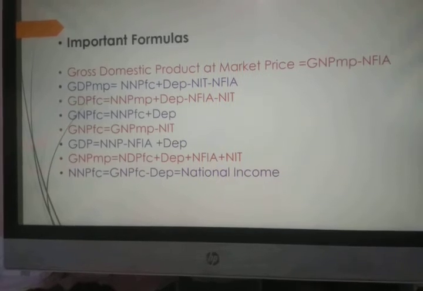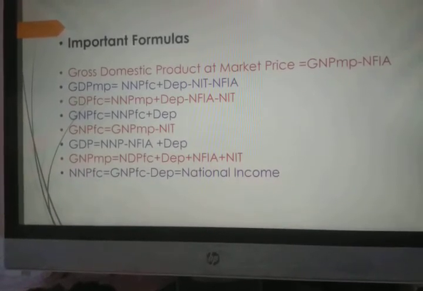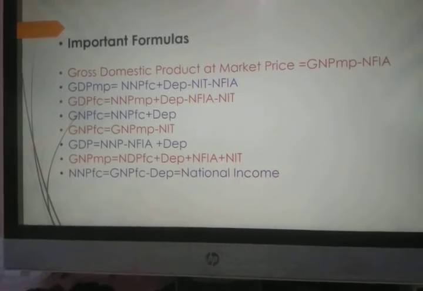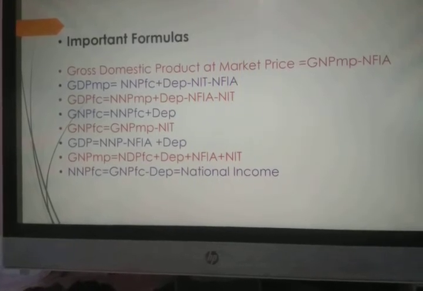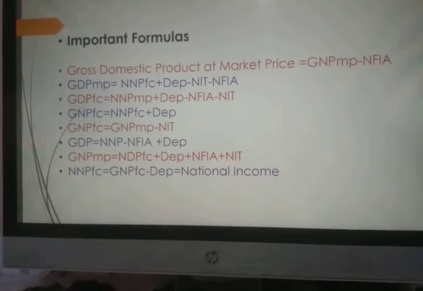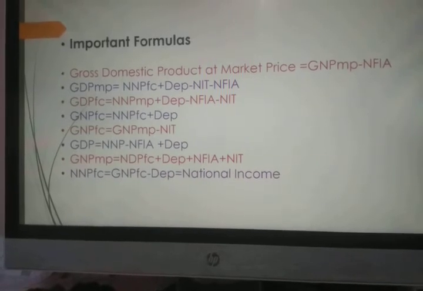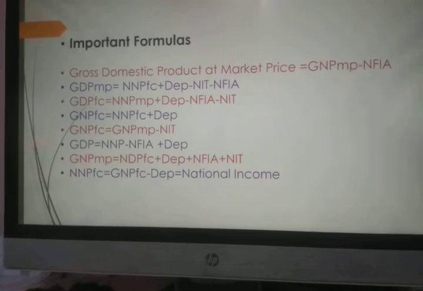The first alphabet is G, and you are starting from N. That means there's a difference of depreciation. So you have to come to gross from net, so you are going to add depreciation. Then take the next one. The second letter shows D, and here you are starting from national. You are going to arrive at domestic. So what are you going to do? You are going to minus NFIA.